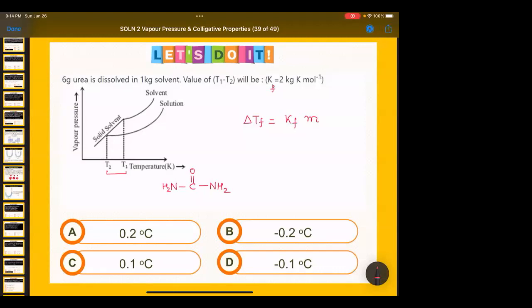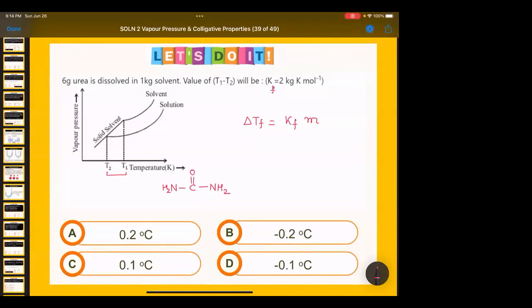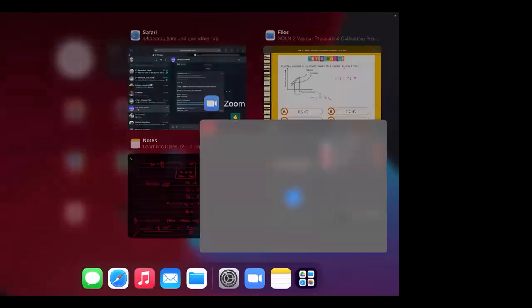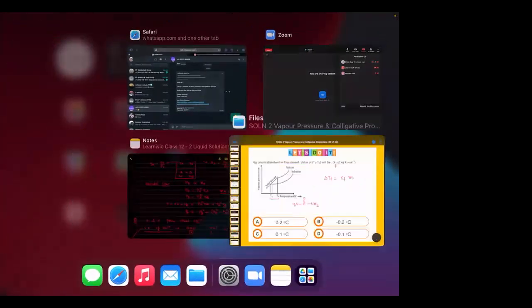So its molar mass, how much are you getting? Tell me quickly. Molar mass of urea.